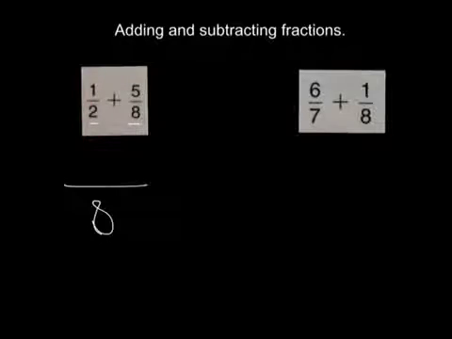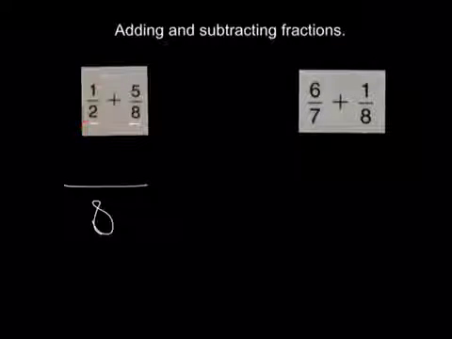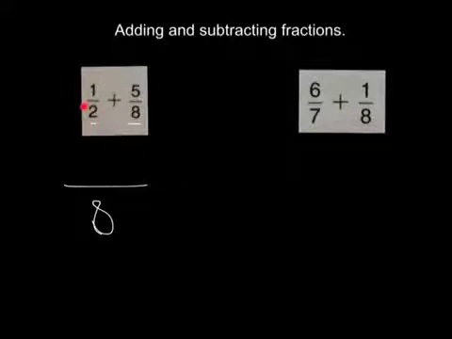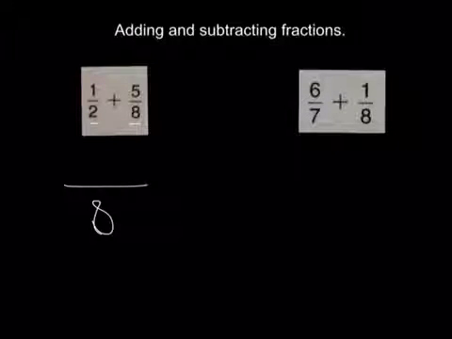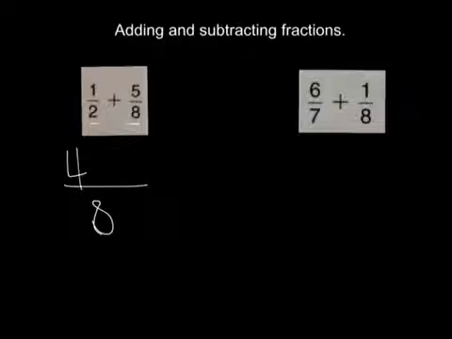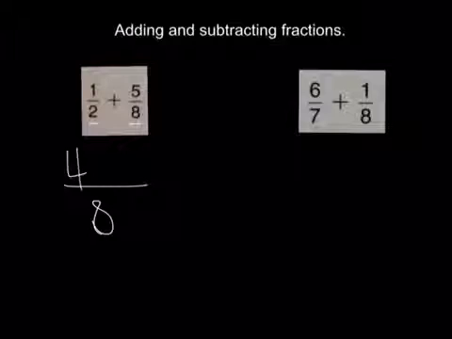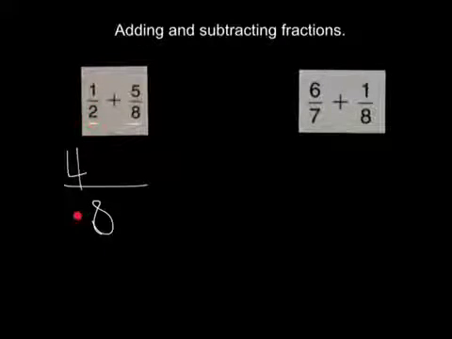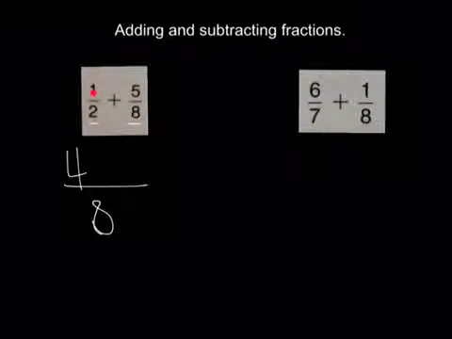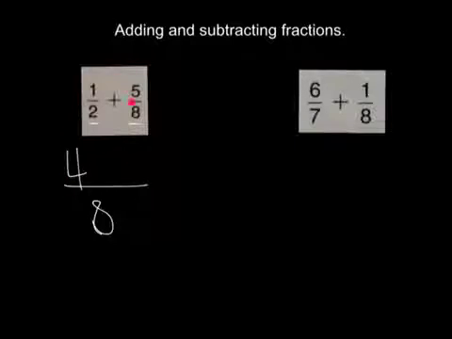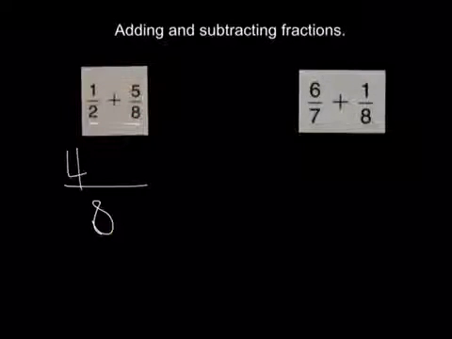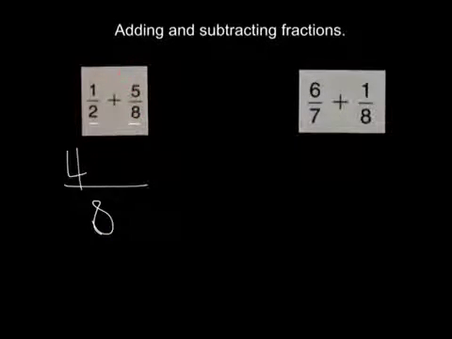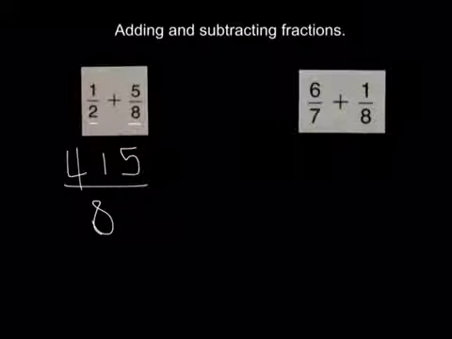So what did I do to the 2 to make it an 8? I had to multiply by 4. 1 times 4 equals 4. Whatever you do to the bottom, you do to the top. I multiplied this by 4 so I could get 8, so I multiply the 1 times 4 so I can get a 4. Did I have to do anything to this 8 to get the 8? No, I did nothing to it, so I do nothing to the 5. And the 5 remains a 5.